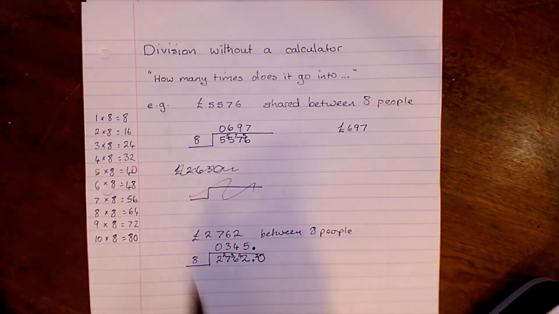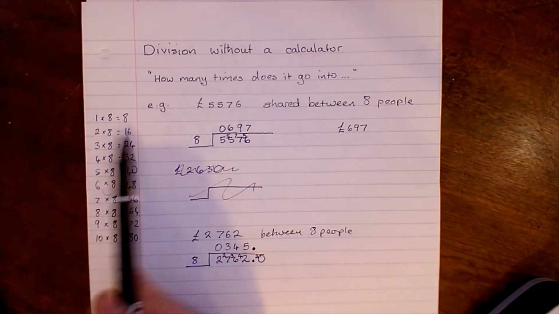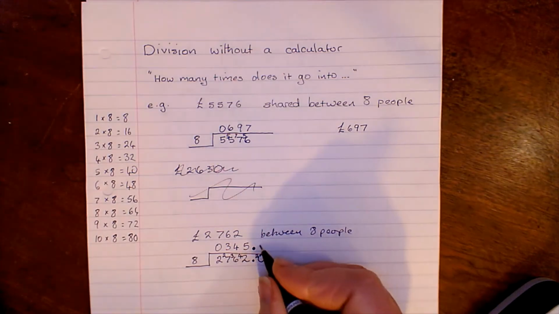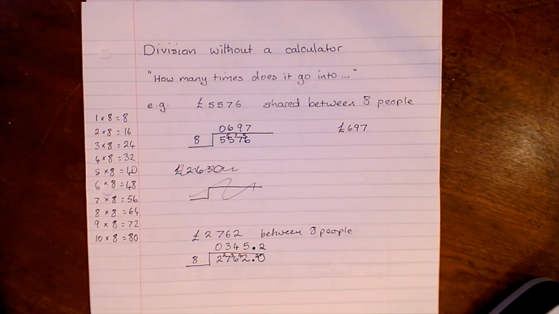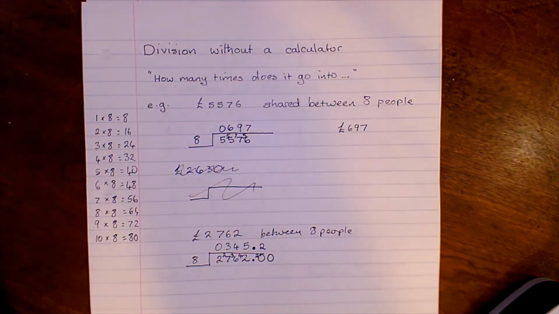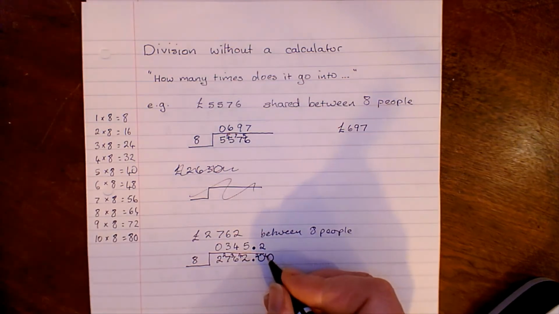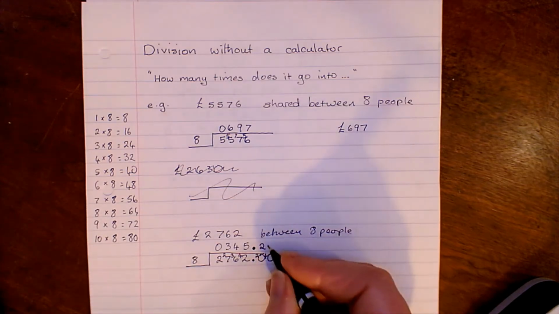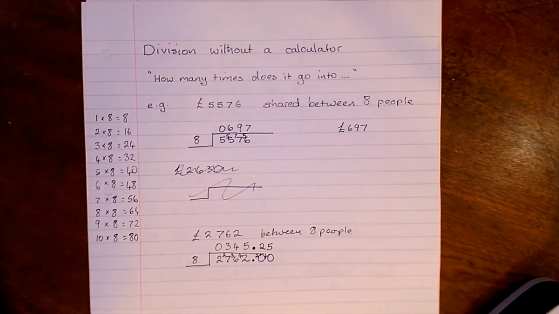How many times does 8 go into 20? Well, it'll go into 16 twice. And now I've got 4 left over, so I need to give myself something for that to go on to. How many times does 8 go into 40? It goes in 5 times.